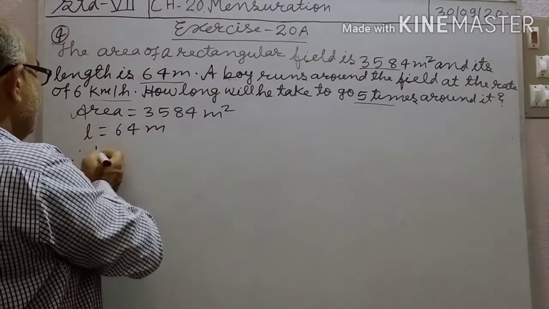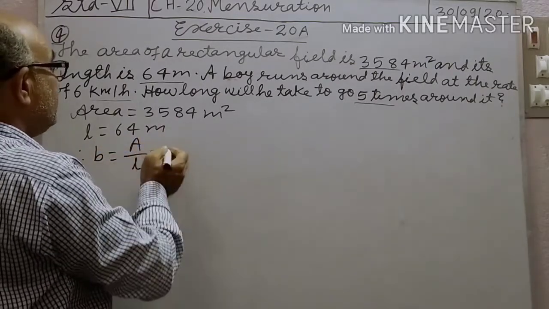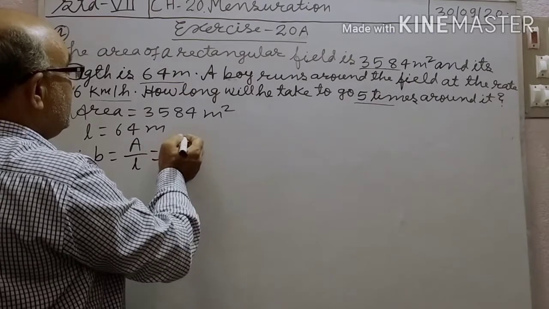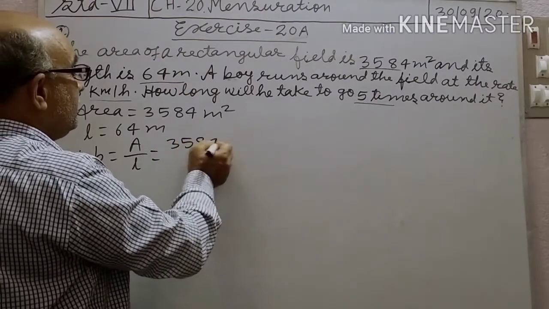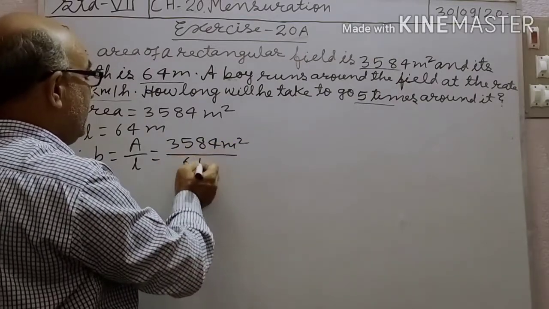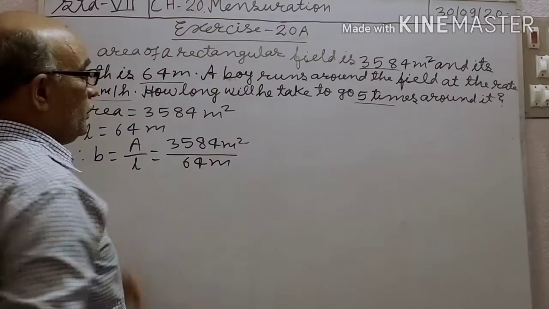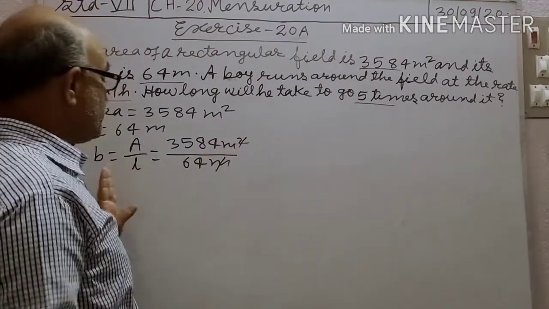Therefore, breadth equal to area by length equal to 3584 meter square divided by 64 meter. First of all, meter and meter square cancel.